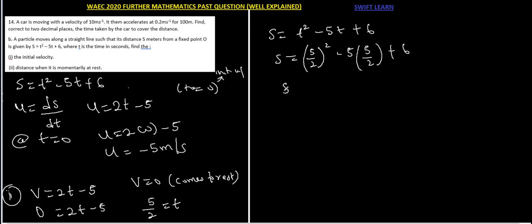Funny enough, our answer is a distance of minus 0.25 meters. I think maybe they're trying to tell us that the team moved backward by 0.25 meters. So that's the answer according to the question, but there's not supposed to be anything like minus 0.25. So I think it's due to moving backward or something.